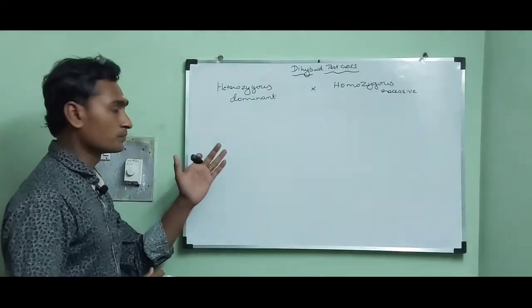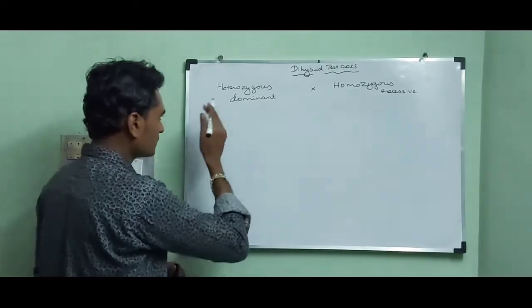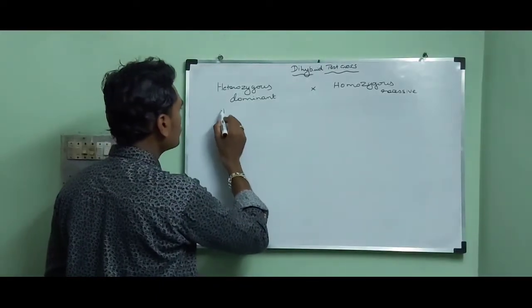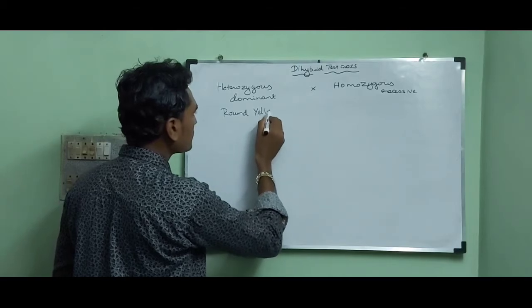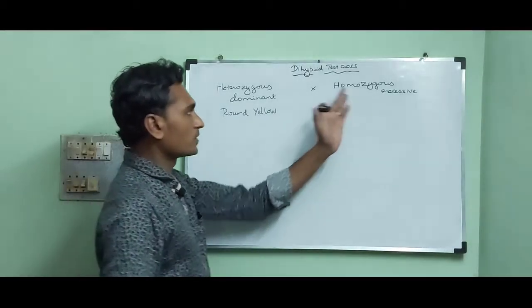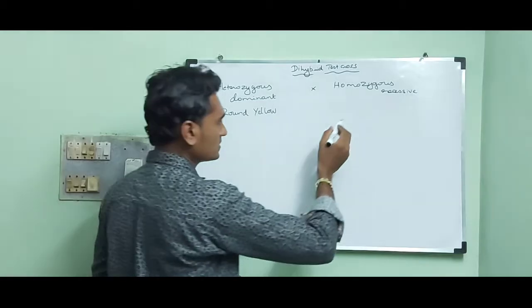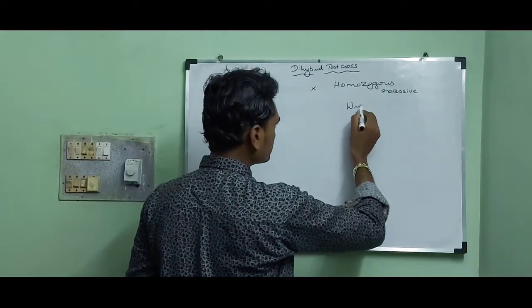The phenotype of the heterozygous dominant parent is round yellow. Then the phenotype of the homozygous recessive parent is wrinkled green.